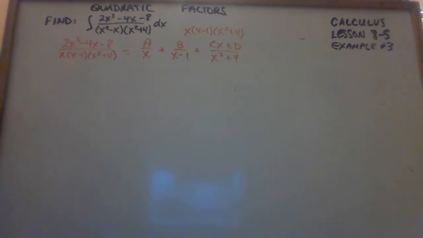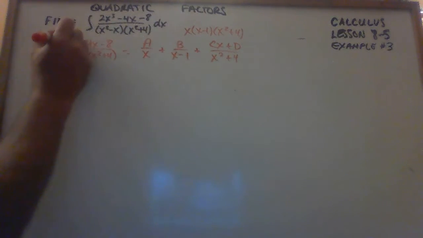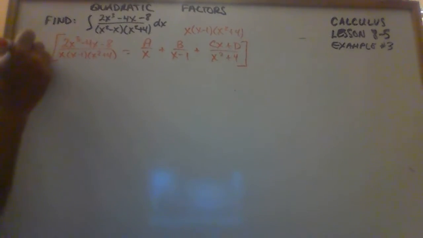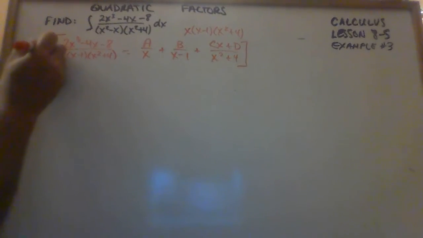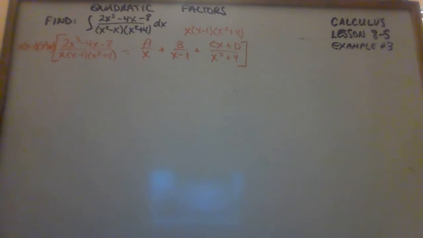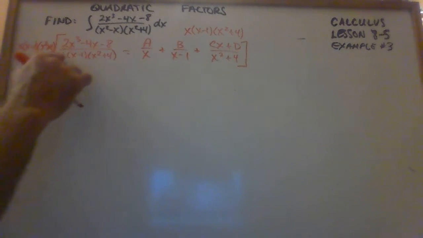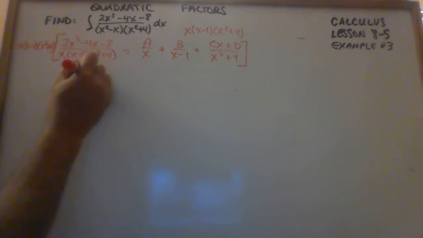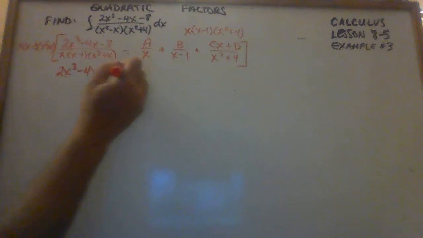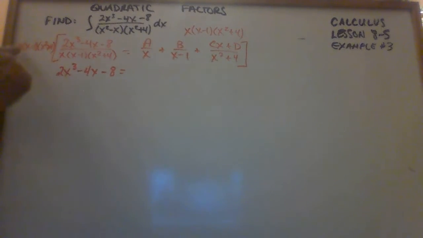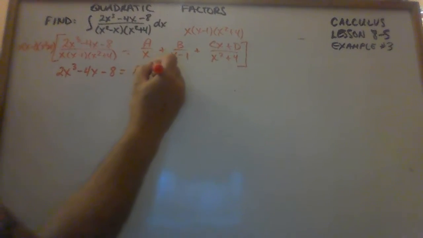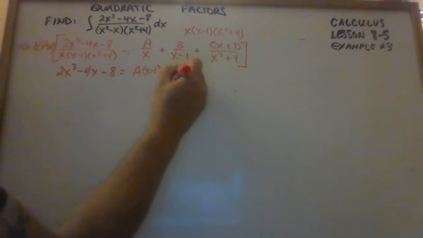Okay, so now, of course, I multiply everything here by x times (x minus 1) times (x squared plus 4). It cancels all this stuff out. Leaves me with 2x cubed minus 4x minus 8. The x cancels this x and leaves me with A times (x minus 1) times (x squared plus 4).